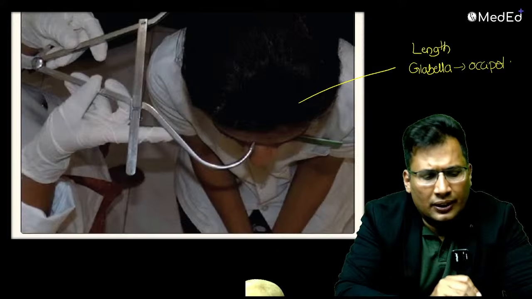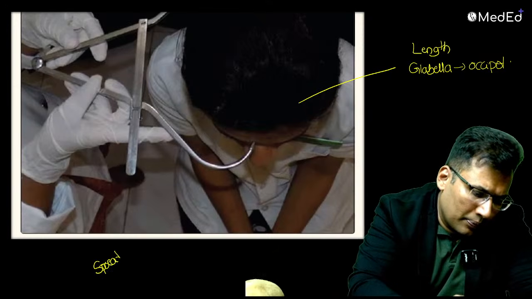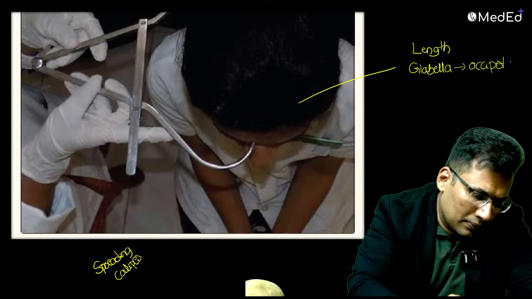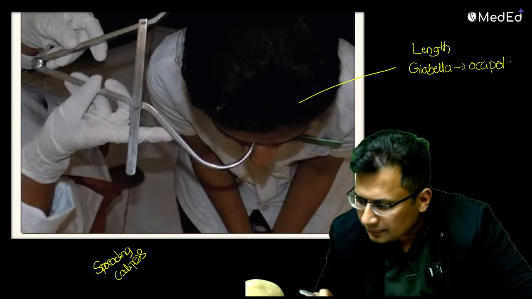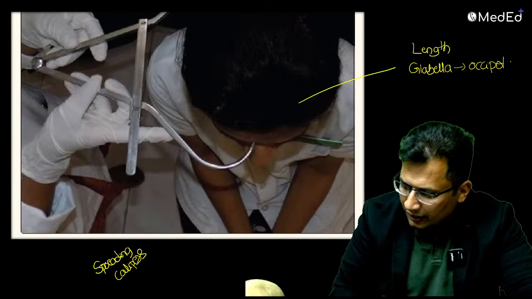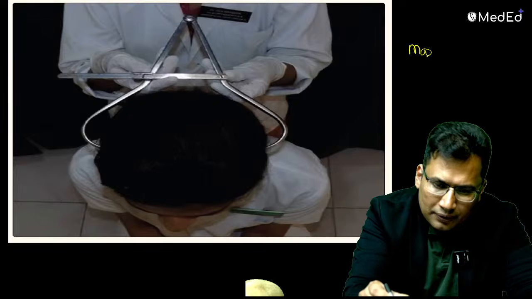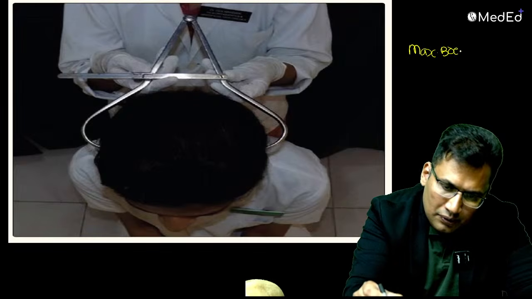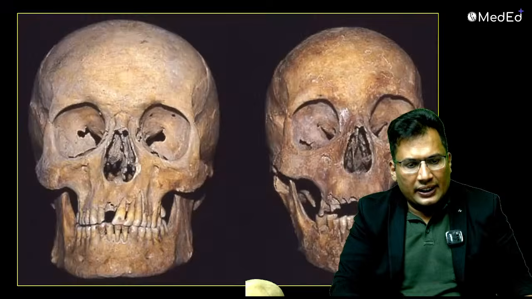So this instrument is spreading calipers. Next, this is the maximum breadth of the skull, between two parietal eminences.